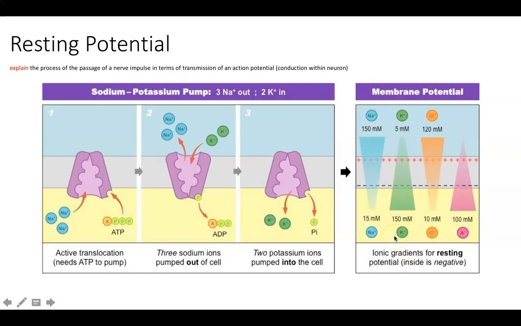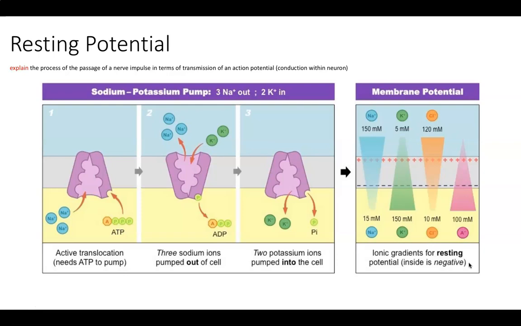And now there's this difference, and the inside, we could say, is more negatively charged. So there's this potential for something to happen because of resting potential, because of the sodium-potassium exchange pump. So that's what's happening when there's no message firing.